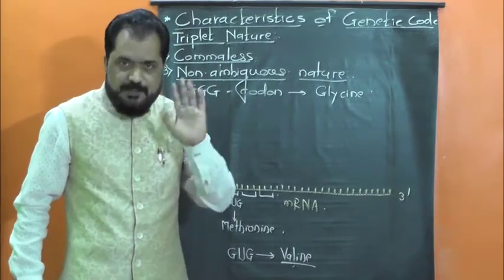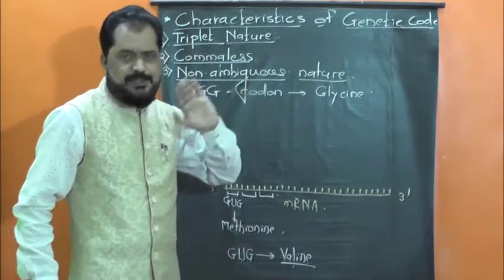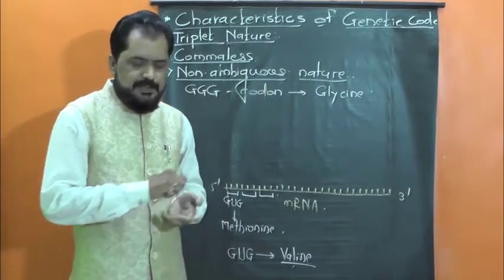It only shows the ambiguity. Otherwise all other codons are non-ambiguous. This is called non-ambiguous nature.